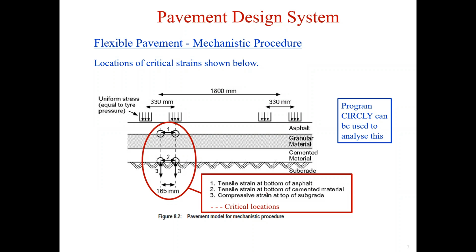The pavement materials are considered to be homogeneous, elastic, and isotropic, except for unbound granular materials and subgrade, which are considered to be anisotropic. The response to load is calculated using a linear elastic model, such as that contained in the computer program Circly.